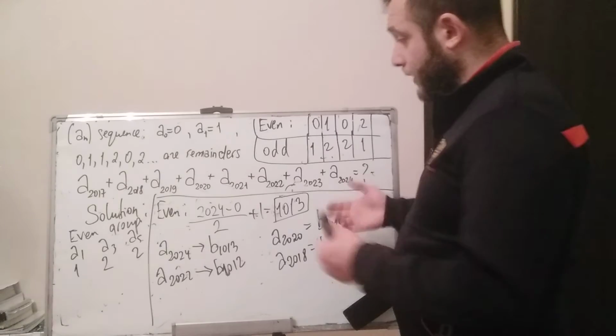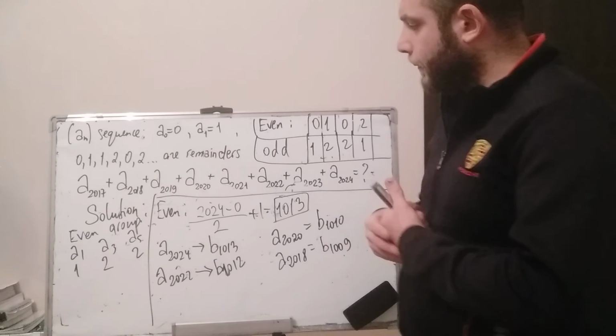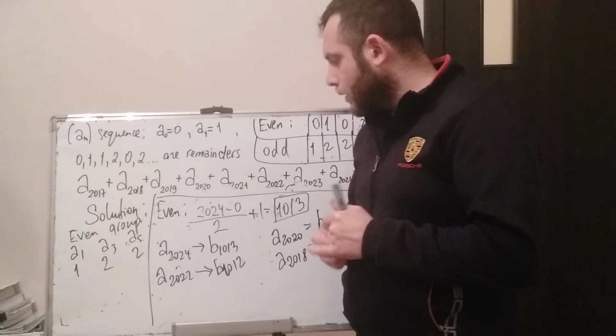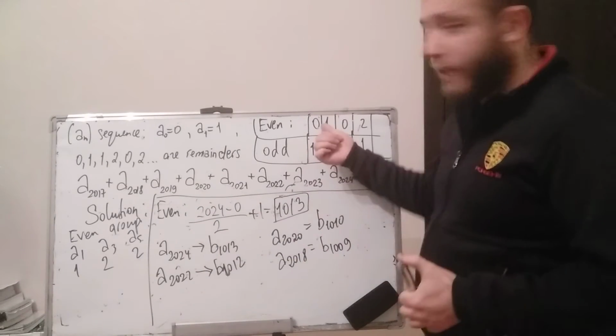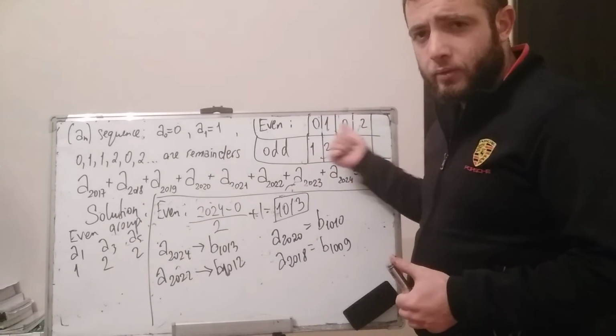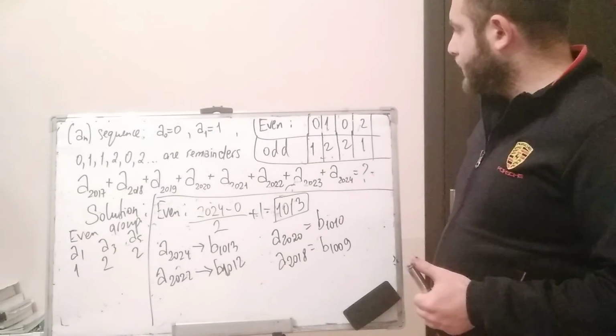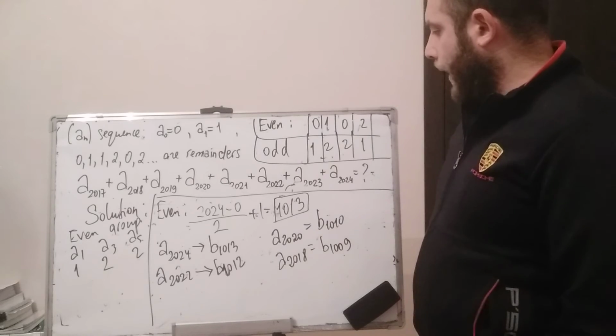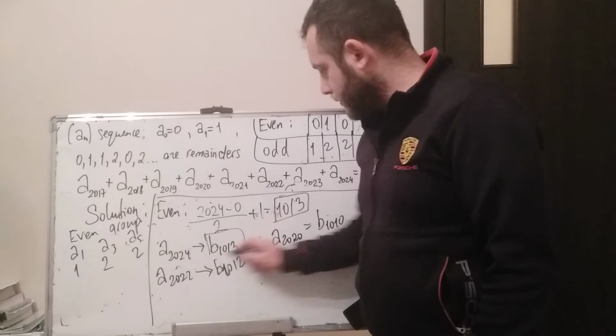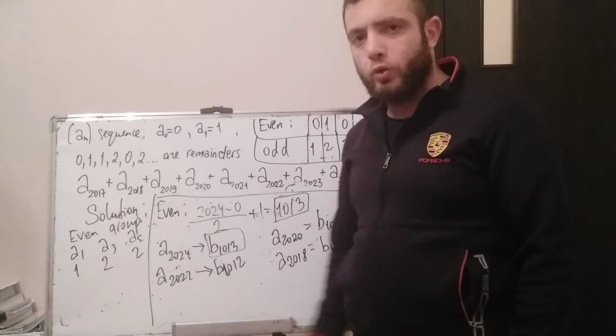And now let's find what we need. If you look at even number terms, we see patterns like 0, 1, 0, 2. First we have to find B sub 1013.